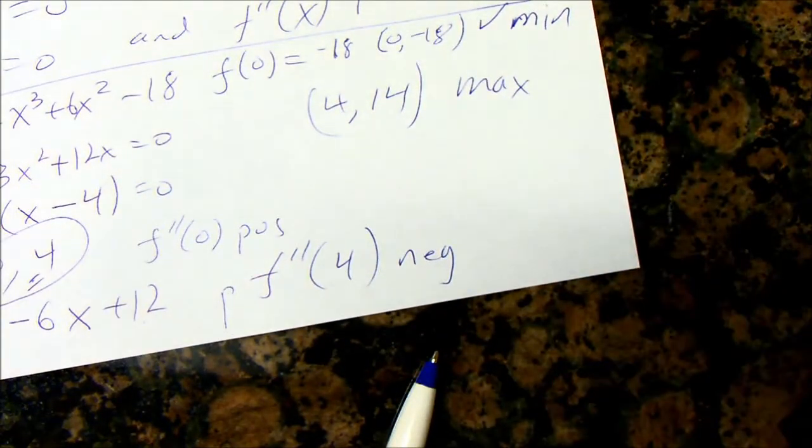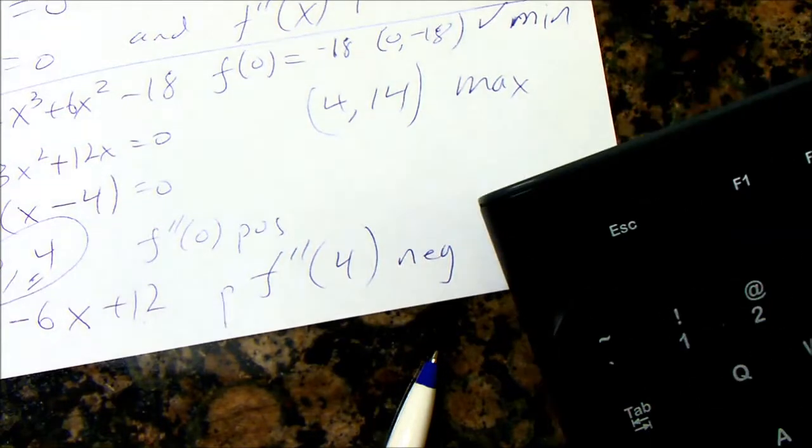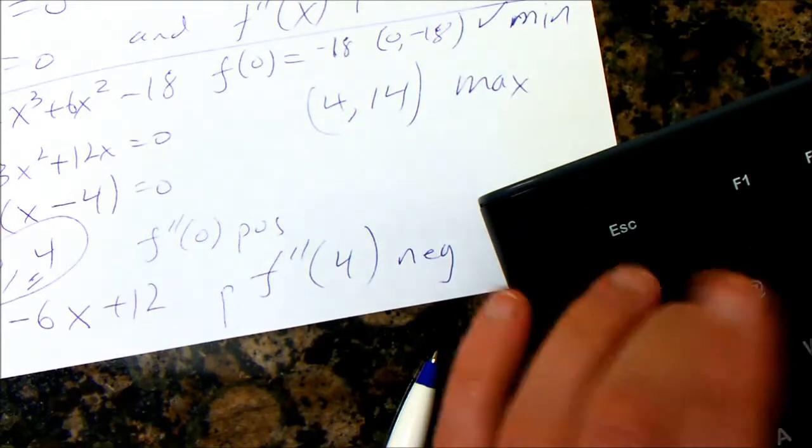So let me enter that in just to check. We're going to get (0, negative 18) and then (4, 14).